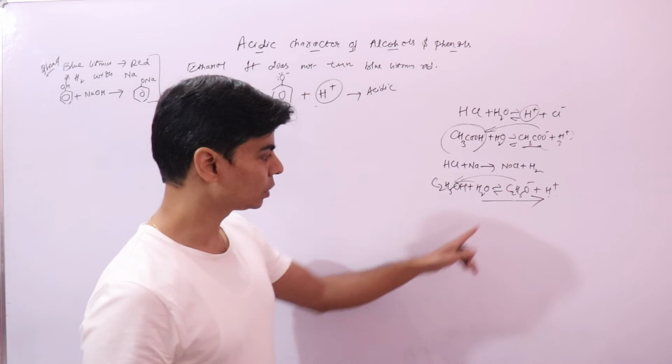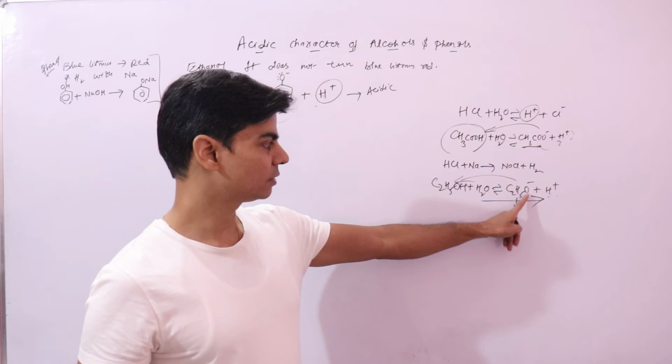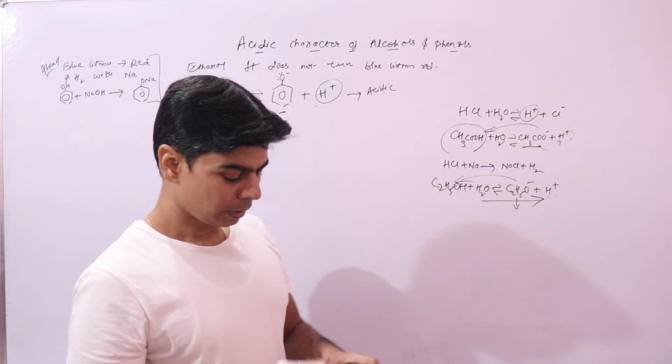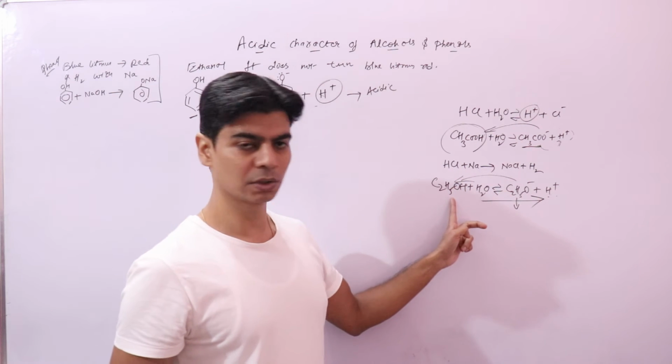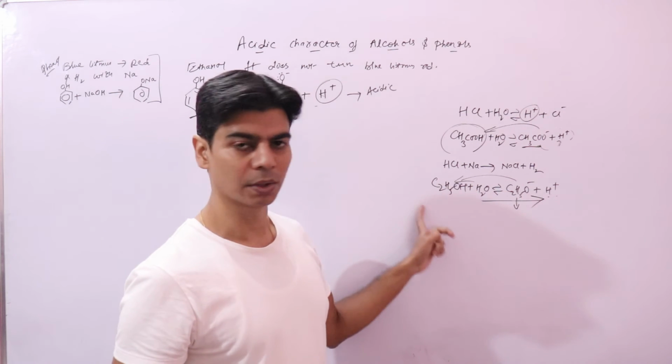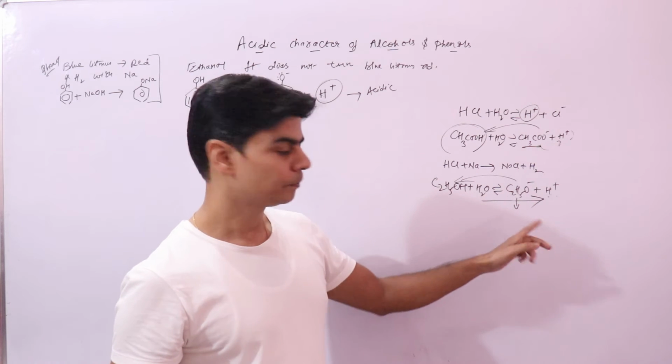Now if we talk about ethanol, this ethoxide ion has a formal negative charge, and it immediately reacts with hydrogen ion to give you back ethanol, which is a neutral compound. That is why it shows less acidic character. Why?